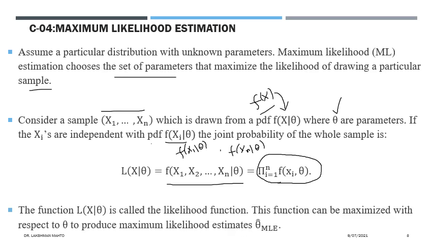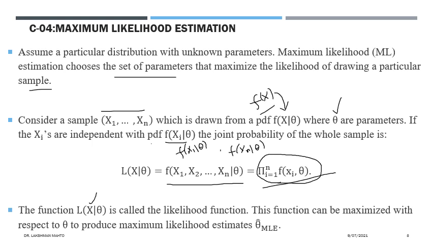So this function, whatever we are getting here, theta is unknown to us, we don't know. So this function we are calling the likelihood function, and that's why we give the notation L of x given theta. Here x is given to you and theta is unknown to you.